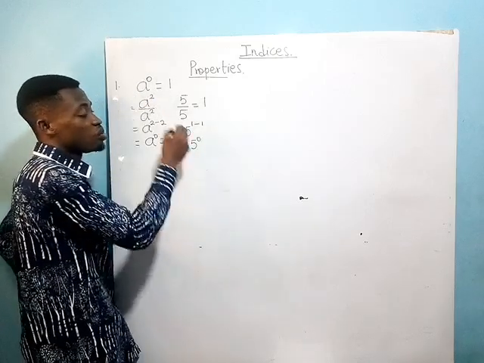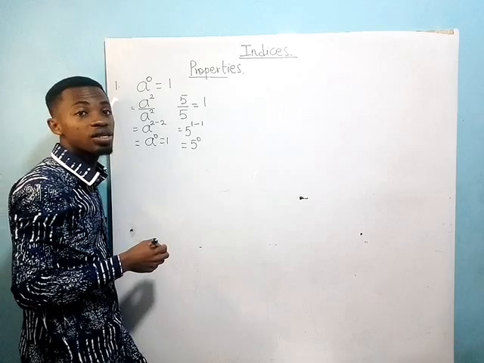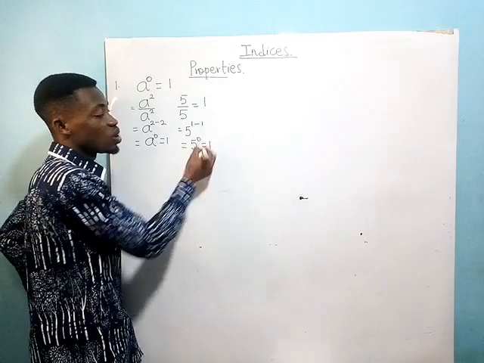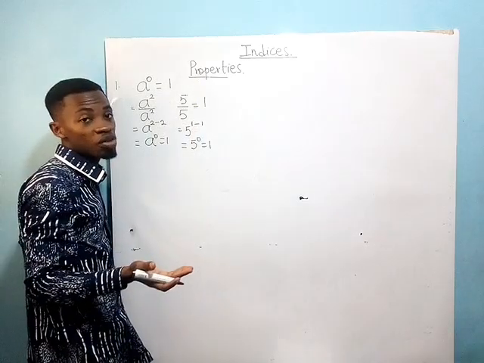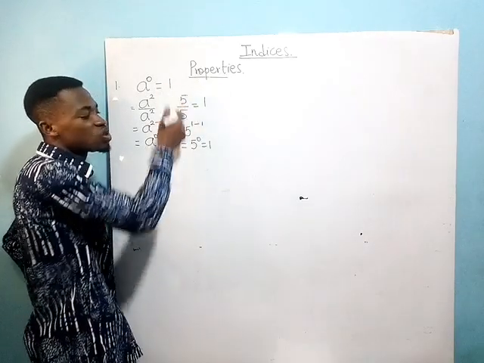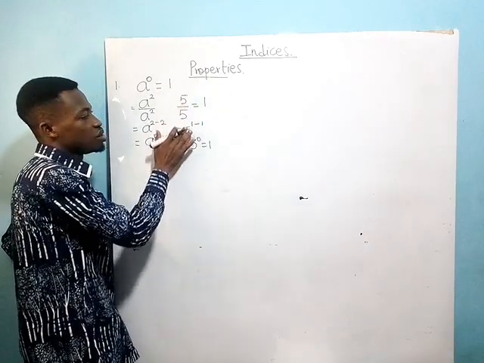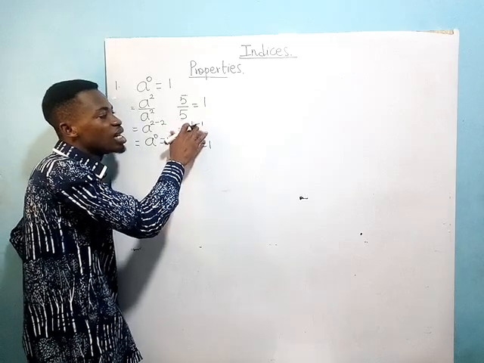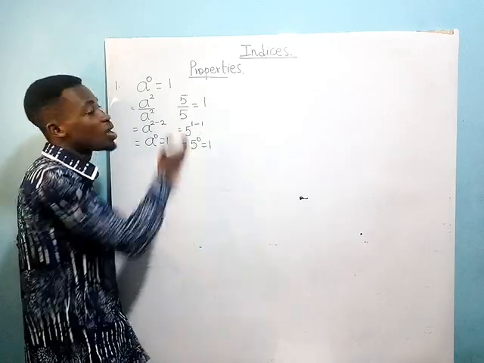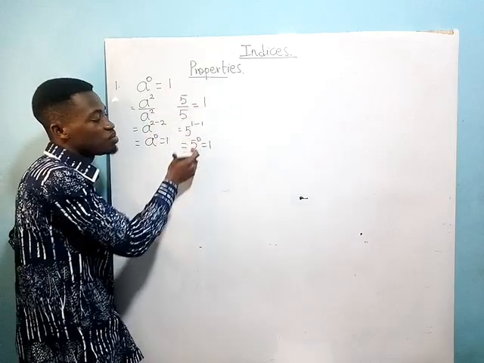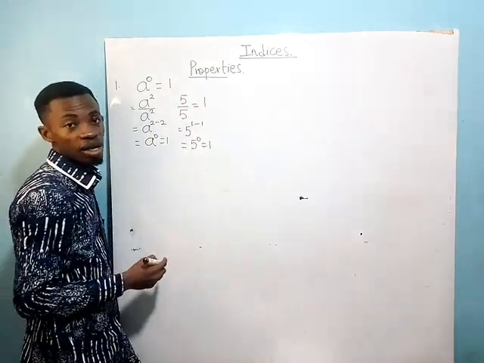And according to our property, any number to the power 0 is equal to 1. So 5 over 5 is equal to 1 when solving it as a common fraction. And this is also the same as 5 to the power 1 minus 1 here, giving us 5 to the power 0. So if 5 over 5 is 1, then 5 to the power 0 too is 1.